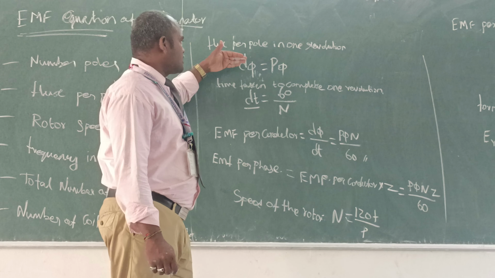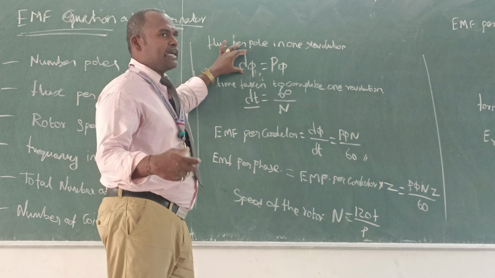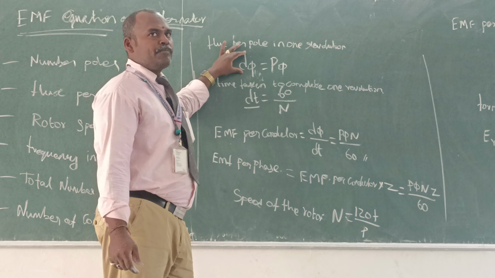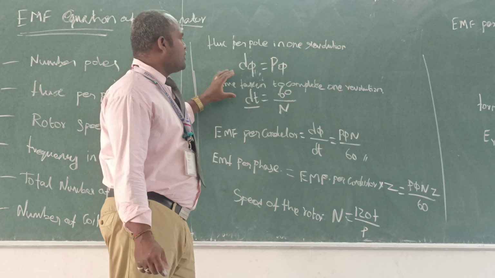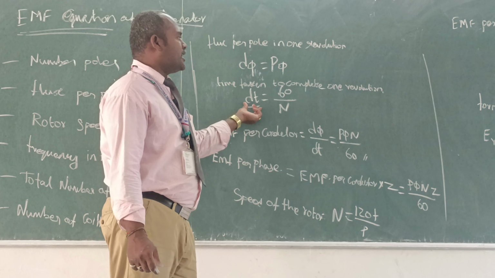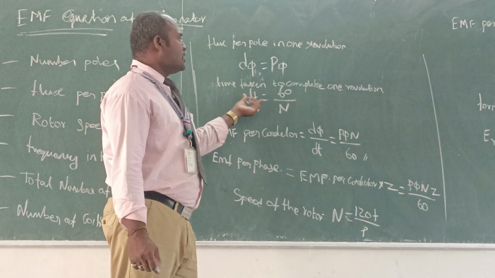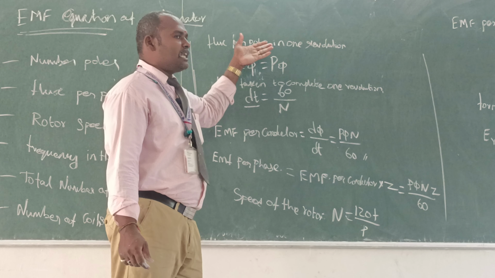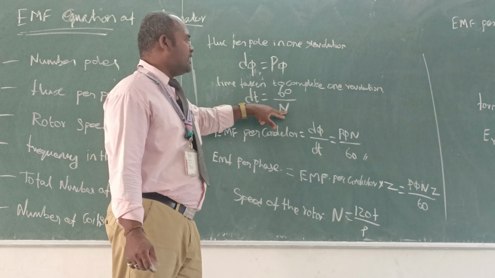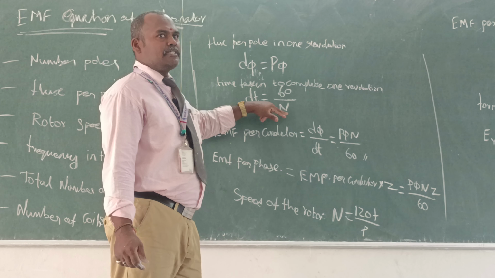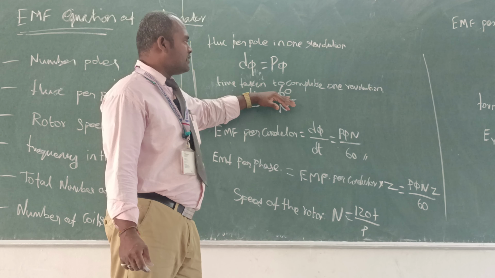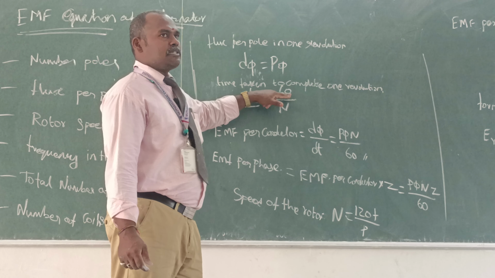The next thing is the total time for which you give the mechanical input. The differential time, the time taken to complete one revolution, is 60 by N, where N is the speed in revolutions per minute and 60 is the seconds per minute.